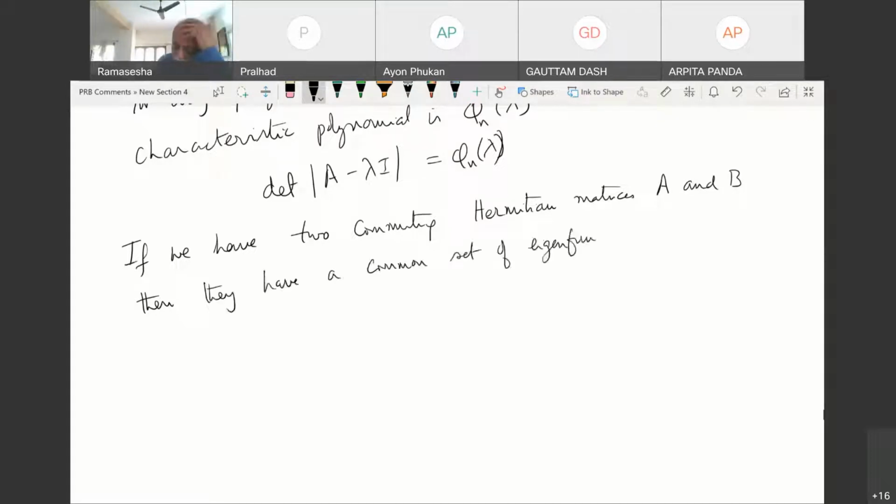So what I have is a given, the following: A and B are Hermitian, and if A xi is equal to lambda i xi.